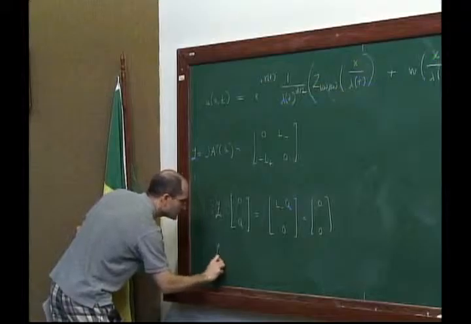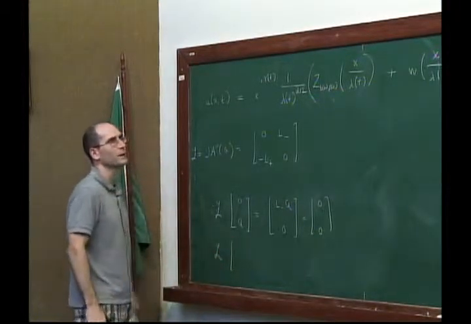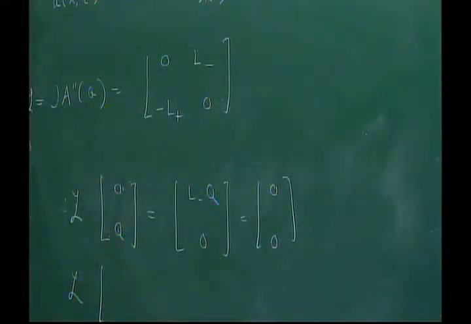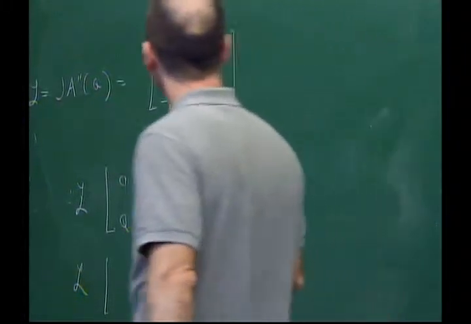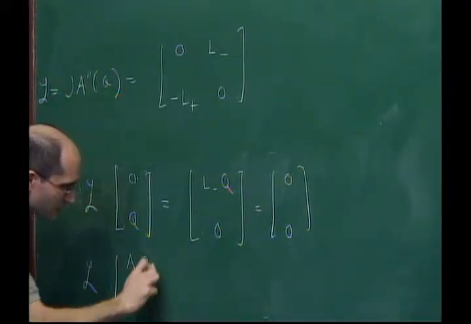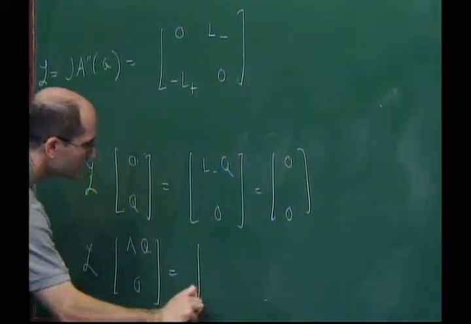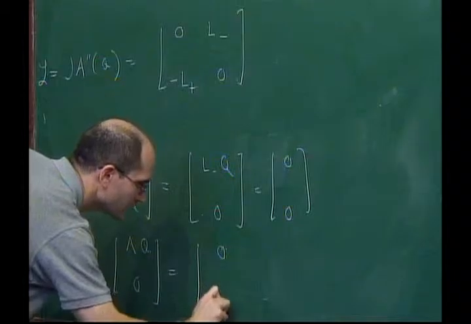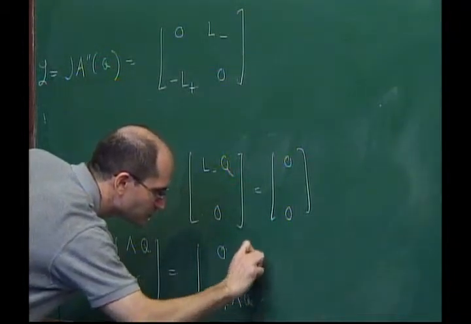But then you also have something mapping to q. You have this L plus of lambda q giving you minus 2q. So actually, if you put a lambda q here and a 0, then you will get 0, minus L plus of lambda q.